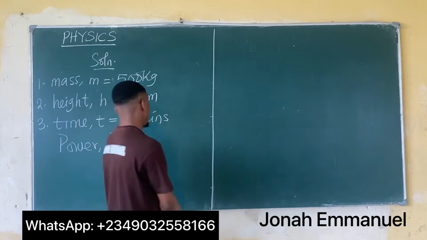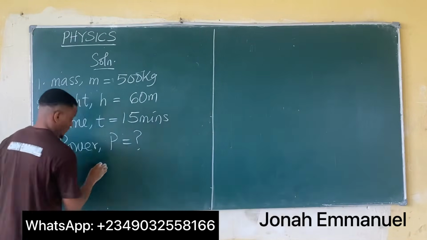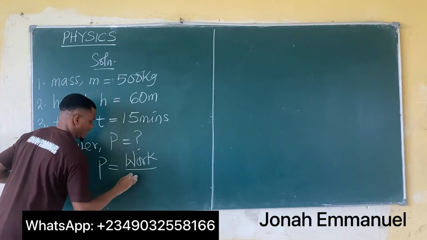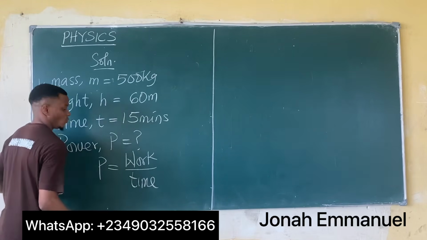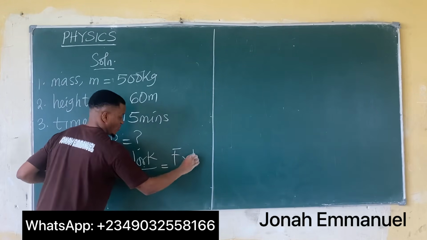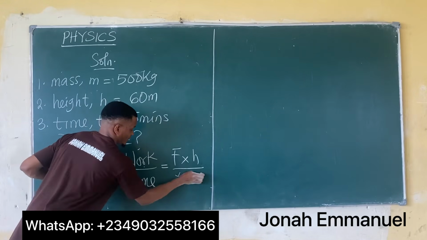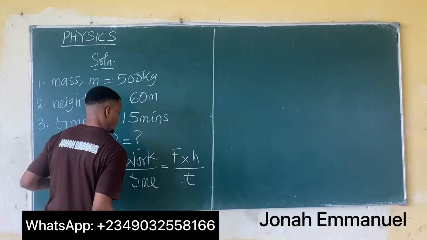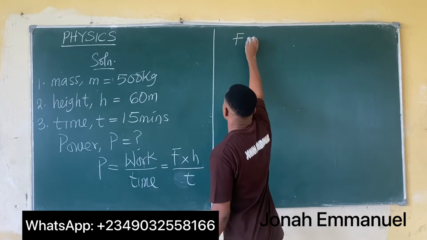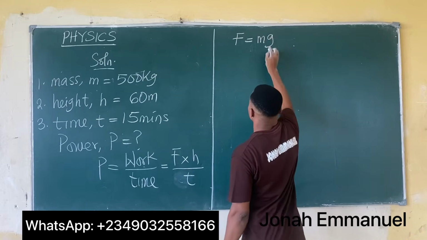I'm asked to find power P, which is unknown. First things first, what do I know? I know that power P is equal to work done all over time. Work done is equal to force times distance, or height in this case in meters, all over time T. To get force, using the second law of motion, force is mass times gravity.